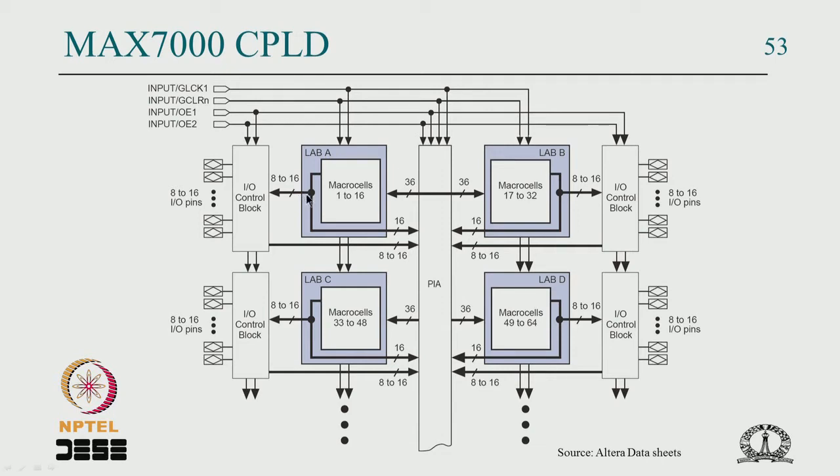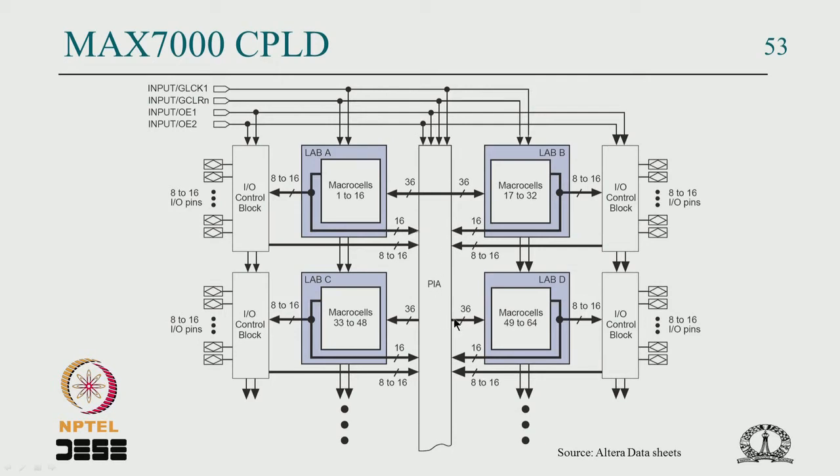So there are 16 flip flops, 16 sections, 16 outputs, and that can be connected to 16 IO pins, or it can be fed back. It is not that it can just be taken as output, it can be fed back to the array. The idea is that you implement some logic function, and the output of it can go to the input of some other section.